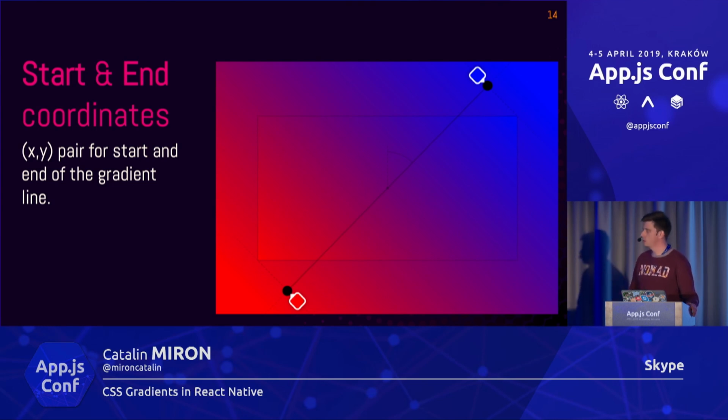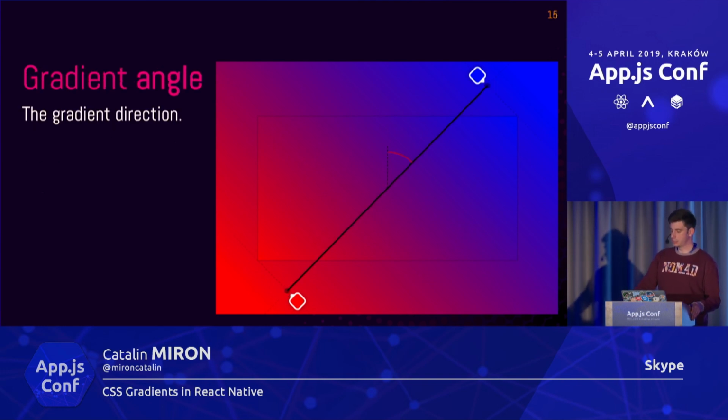I haven't added those because they require some math knowledge, but you can come afterwards and talk with me if you really want to dig deeper into this subject, like how you can calculate the x and y. And the gradient angle, as I said, is the angle formed by the vertical line that passes through the center of the gradient box and the line itself.